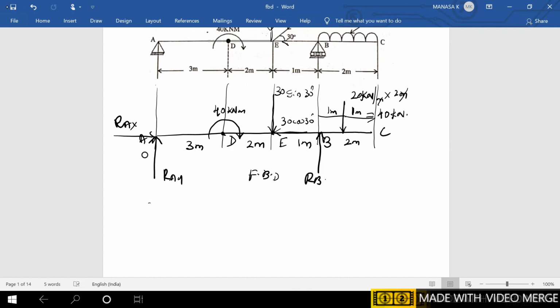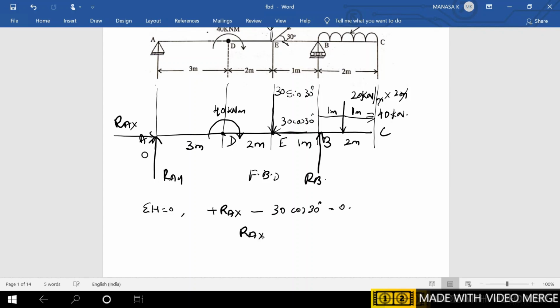Apply the conditions. Sigma H is equal to 0. Check all the forces that are acting horizontally. One is plus RAX, since it is towards the positive x-axis. Next there is one more force here, that is towards the negative x-axis, so minus 30 cos 30 is equal to 0.